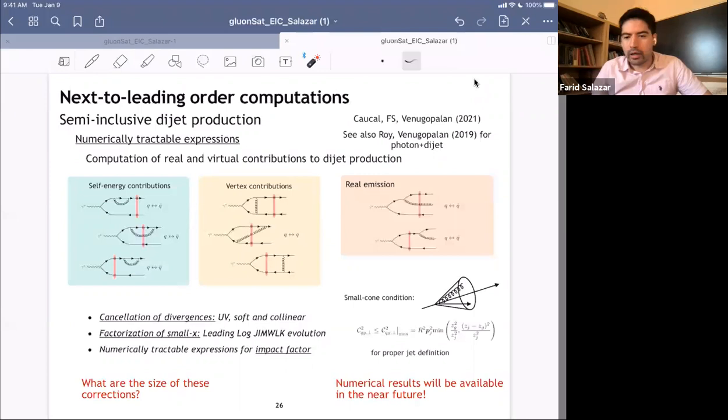So in this case, we have three partons in the final state: the quark, the antiquark, and the gluon. If the quark and the gluon form the jet, then z_J will be the sum of the longitudinal momentum fractions of the quark and the gluon. If the antiquark and the gluon form the jet, then z_J will be the sum of the longitudinal momentum fractions of the antiquark and the gluon.